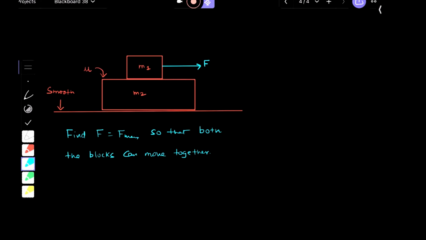Yes, correct, the top block, the upper block. Sir, since there is a rough surface, friction will act between M1 and M2. So if we move the block M1 with force, then M2 also will move, no, sir? Yeah, correct. That is what the whole thing is all about. It's not a doubt, we are understanding it. We're getting it correctly.